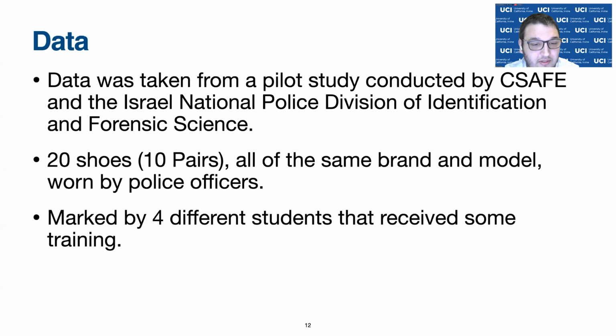That should simplify our analysis quite a bit, because we should have similar wear patterns since they're all worn by similar people. Obviously, there's variation there. And also, we have the same brand, so the materials should all be the same. So if there's an area prone to RACs, that should be consistent across the shoes. And then we have 4 different examiners examining the shoes, but note that they are student examiners that received some training.